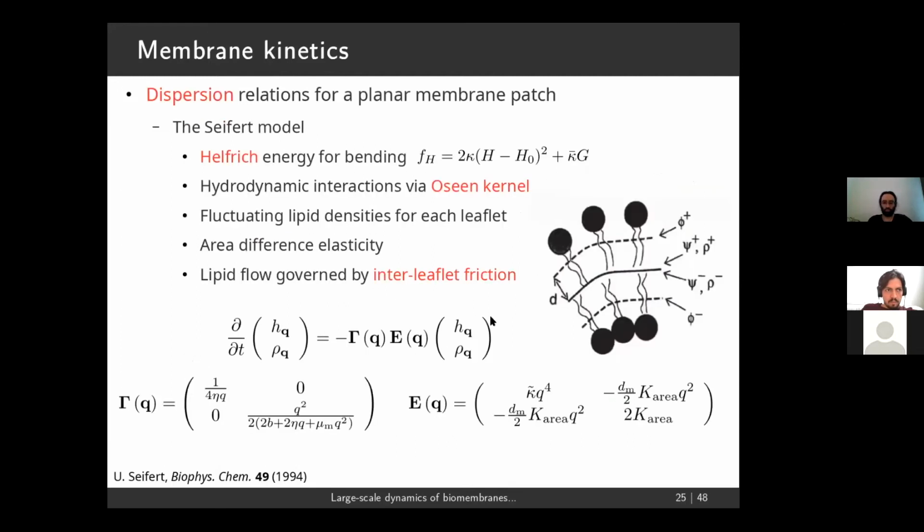But what we are really interested in is the out-of-plane kinetics. And I wanted to look at the dispersion relations for the membrane fluctuations in the out-of-plane direction. So I use a reference model to compare the result to. This is the model developed by Udo Seifert.